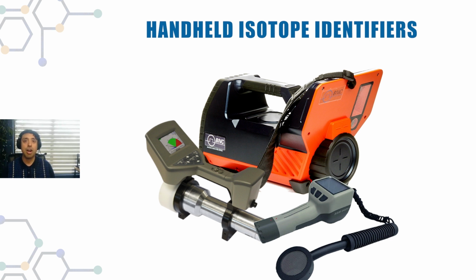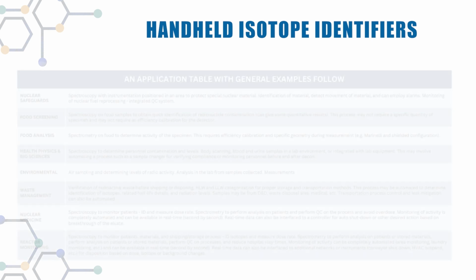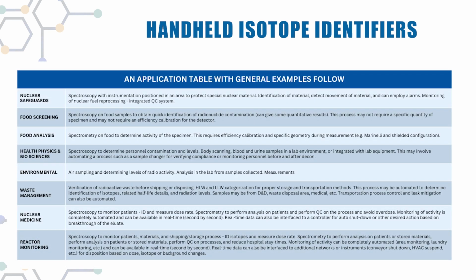Isotope identifiers are designed to be lightweight and easy to use, allowing for immediate detection and identification of isotopes directly in the field. This portability opens up a plethora of applications, from emergency response and environmental monitoring to border security and materials verification, where quick decision making is crucial.